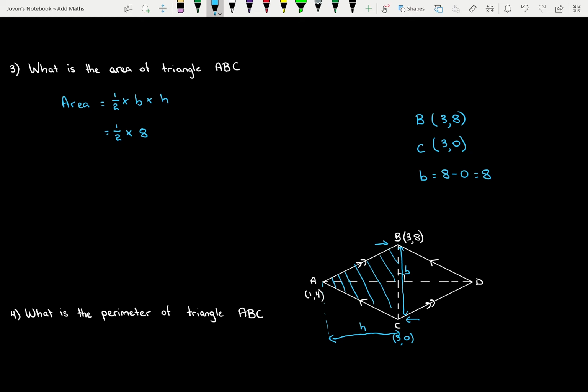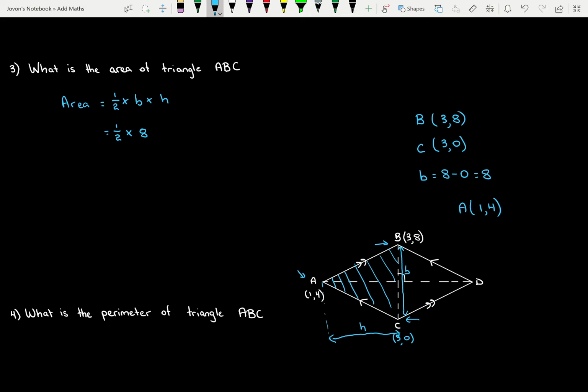Now again, this is on the same horizontal line, but we know the x value at A is 1, 4. So at A the value is 1, 4.